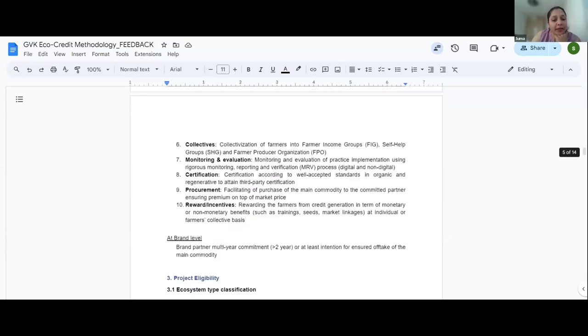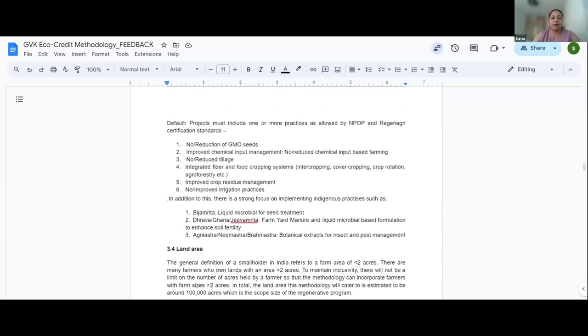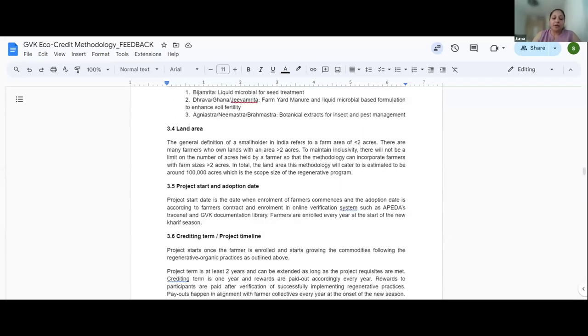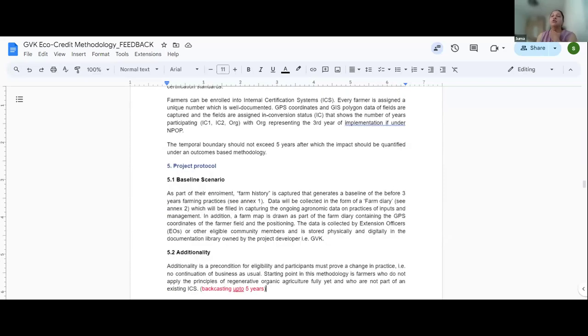So the farmers that are enrolled in these practices are already being certified by these two organizations called Regen Agri and NPOP. So they receive the regenerative organic cotton certification. So that is already something that we can base the credit on.